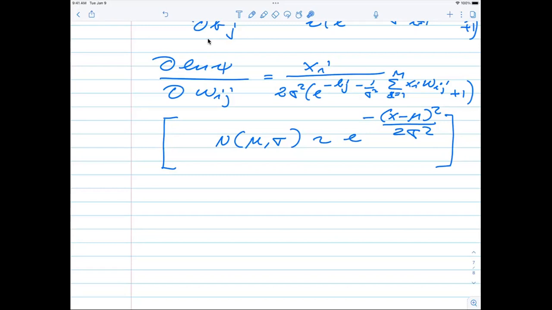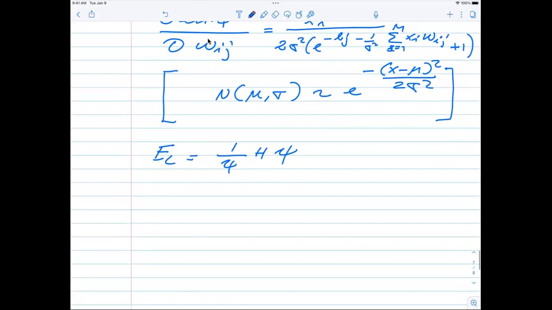Now, what we need next is the local energy, which we know is given by 1 over psi, and then we have the Hamiltonian times psi here. In our case, this is given by 1 over psi, and then I have a sum over the number of particles, which I label as i, up to the number of particles, little n here, to distinguish from the uppercase N. And then I have a minus 1/2, in terms of natural units.